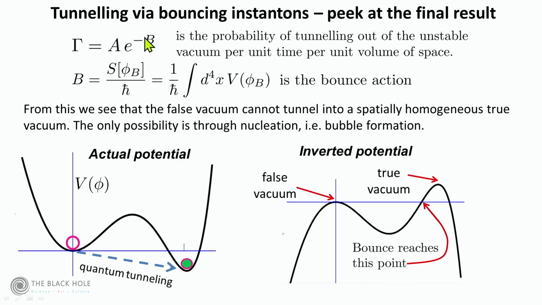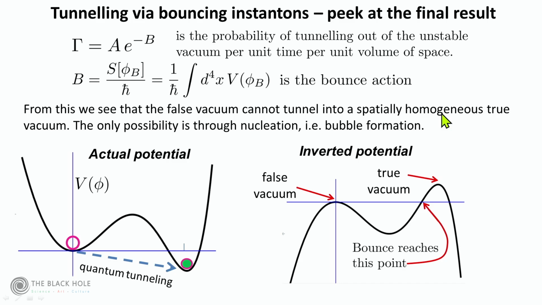There will be this exponential over here, e to the minus B, which will turn out to be this integral, the bounce action. And actually, this is telling you that the false vacuum cannot tunnel into the true vacuum all at once. It can't happen all over space.